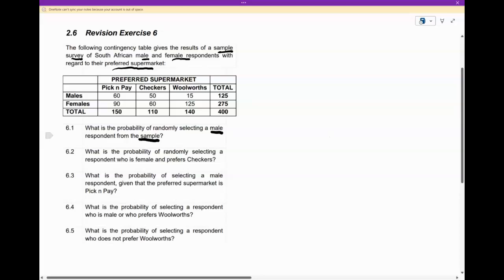Then they say, what is the probability of randomly selecting a male respondent from the sample? So this is much like that other table that we had, with the small businesses and the sectors.